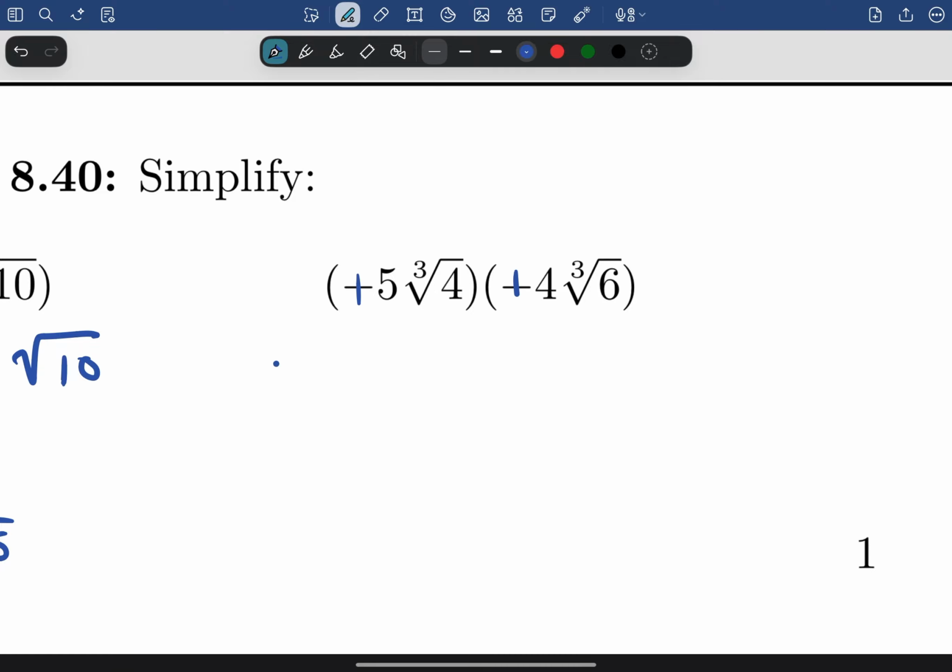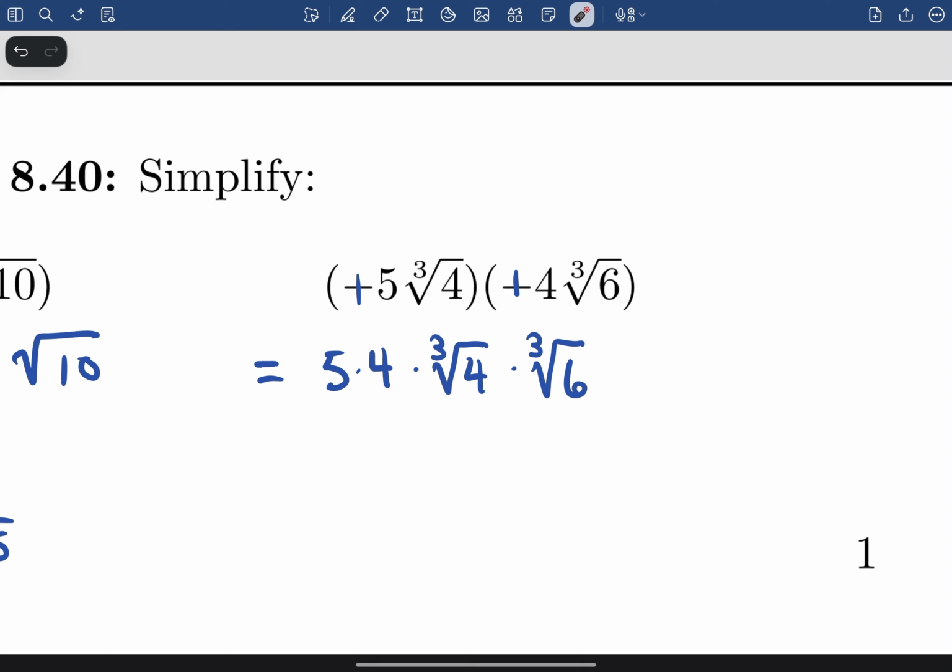And let's go ahead and take 5 and multiply it with 4, and multiply that with the cube root of 4, and multiply that with the cube root of 6. What I did was I reorganized all of my factors, right? All of my factors of all this multiplication that I have: 5 times 4 times cube root of 4 times cube root of 6. And 5 times 4 is 20.